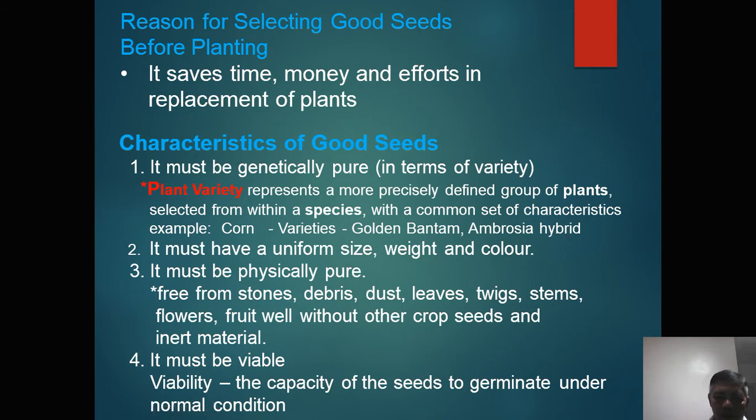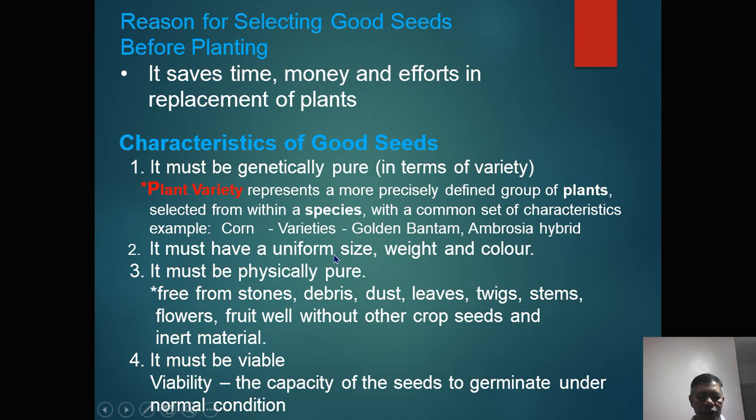These are some examples of the varieties of corn. Second, it must have a uniform size, weight, and color. Of course, this can be done through ocular or through critical sightseeing.